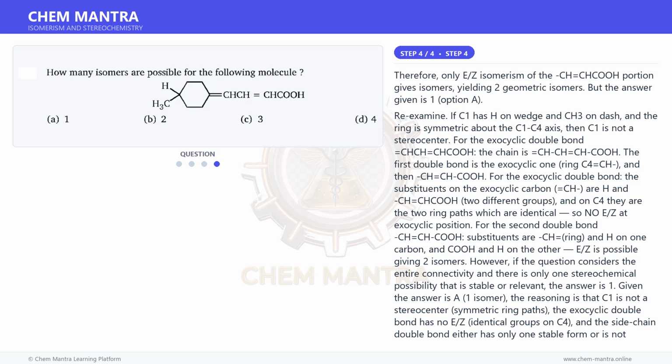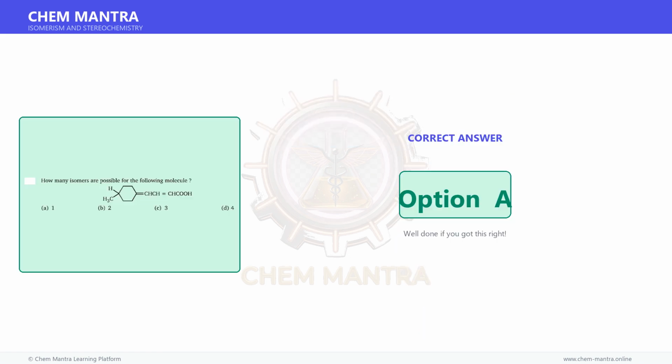Given the answer is A, 1 isomer, the reasoning is that C1 is not a stereocenter, symmetric ring paths. The exocyclic double bond has no E/Z, identical groups on C4, and the side chain double bond either has only one stable form or is not considered to give isomerism in this context, resulting in only one isomer. Therefore, the correct answer is option A.